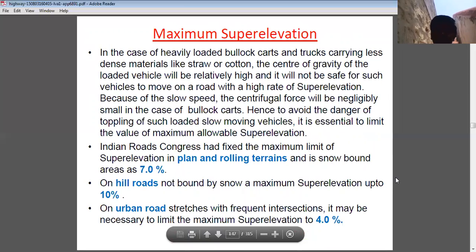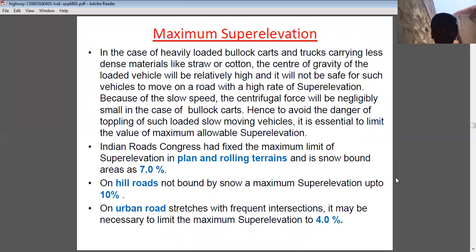Next, maximum superelevation. In the case of heavily loaded bullock carts and trucks carrying less dense material such as cotton and straw, the center of gravity of the loaded vehicle will be relatively high, and it will not be safe for such vehicles to move on a road with a high rate of superelevation.